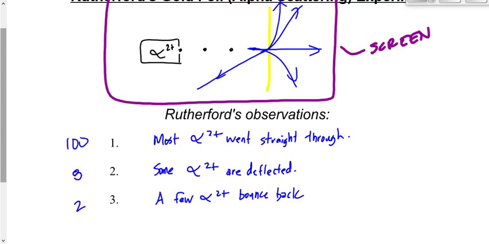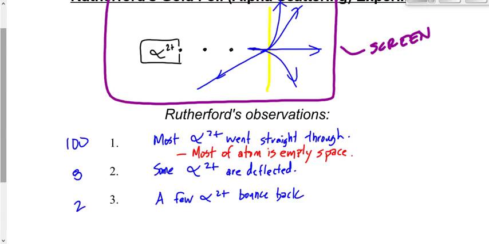That would be the same deal here. Most of the atom is empty space. Not all of it, but most of it's empty space, and that's why most of the alpha particles were able to go straight through. Some of the alpha particles, some of the people running across the football field are deflected.